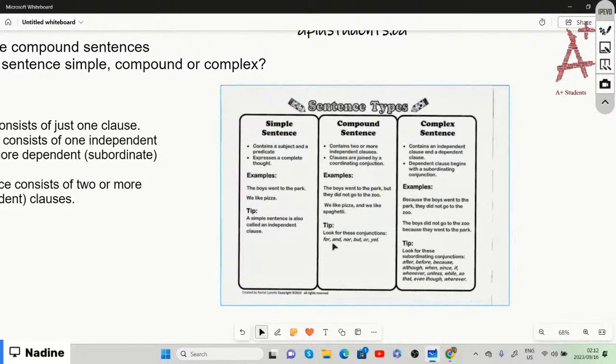So that is but a few examples of subordinating conjunctions.